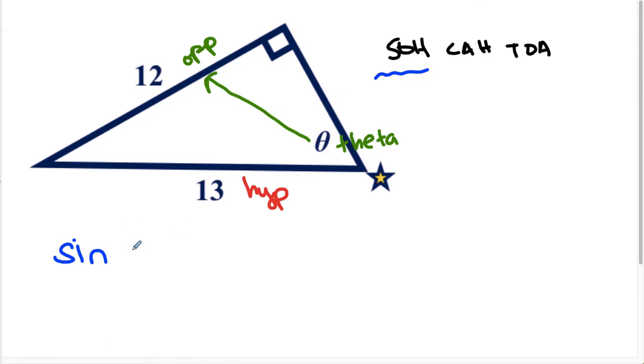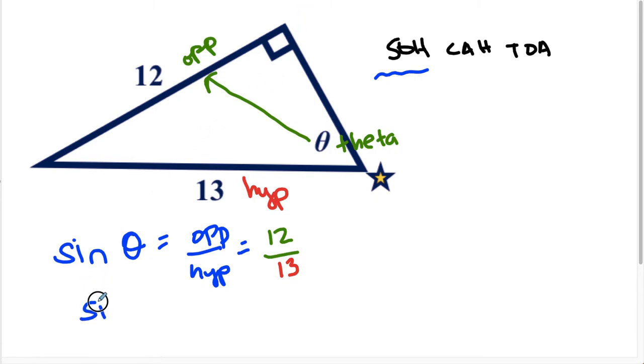So we're going to do inverse sine, or if you want, I can take it step by step. So sine of theta is equal to opposite over hypotenuse. The opposite side is green, so that's 12, and the hypotenuse is 13. Now when I enter this in the calculator, I'm going to enter inverse sine of 12 over 13, and then I'm going to get my angle.